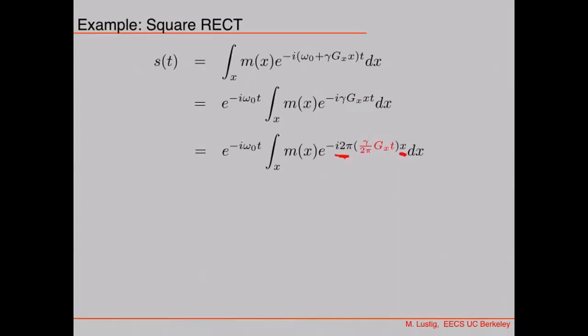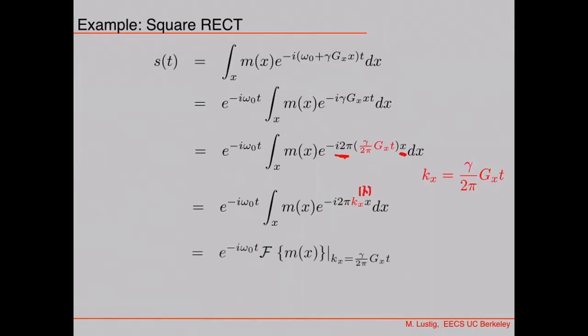And that's exactly what I'm going to do. I'm going to call kx gamma over 2 pi gx times t, and put it over here. It is a function of t, but it's a variable, and now it has a Fourier form.